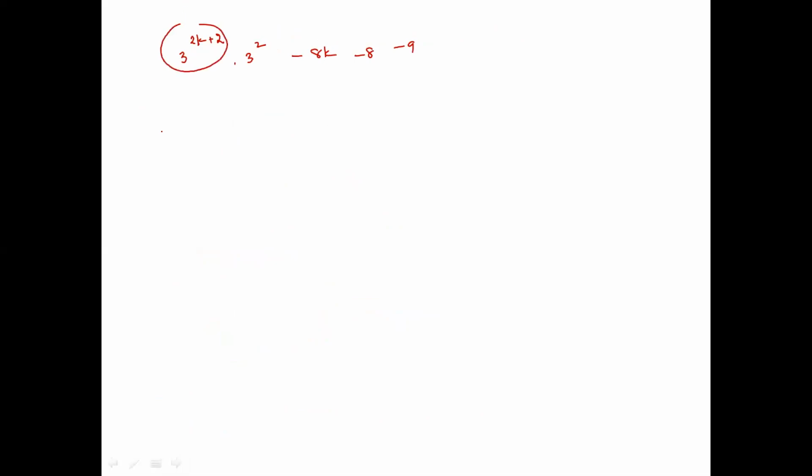So this 3 power 2k plus 2 I will write as 8m plus 8k plus 9 into 9, minus 8k minus 8 minus 9. So I can write 8m is multiplied by 9, then 8k is multiplied by 9, so 72k plus 81 minus 8k minus 8 minus 9.